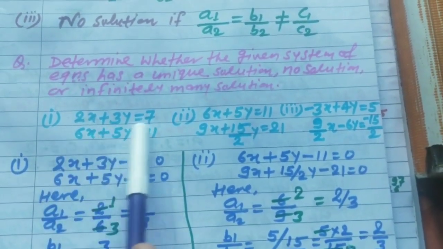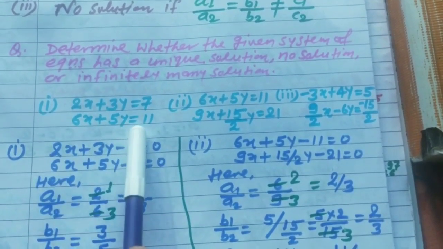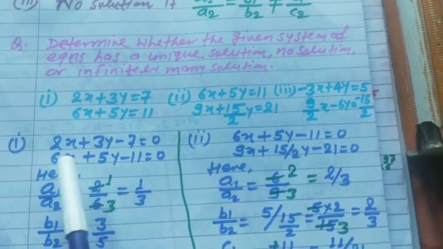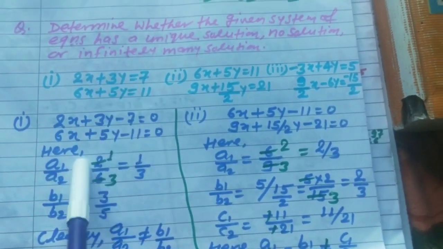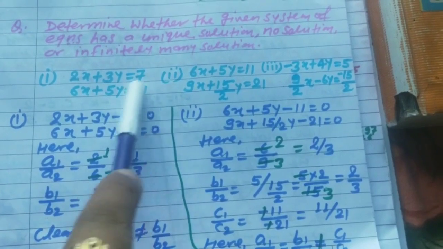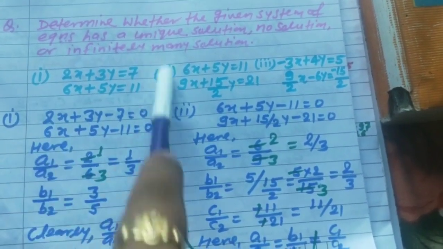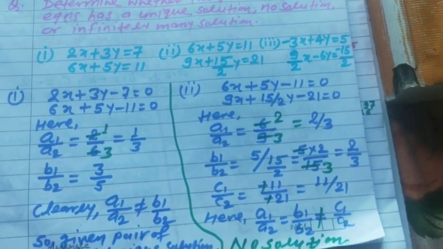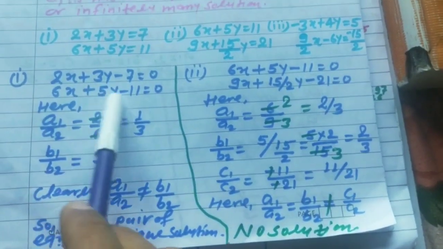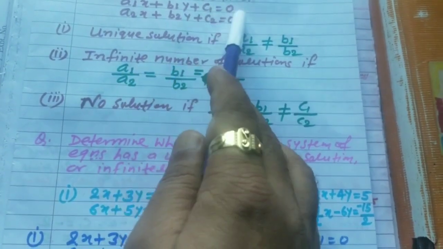Your first pair of equations is 2x plus 3y is equal to 7, 6x plus 5y is equal to 11. Let us check which type of solution this given pair of linear equations in two variables has. For this you have to write it in this form, that is a1x plus b1y plus c1 is equal to 0.